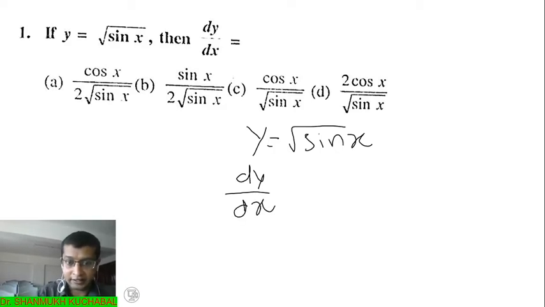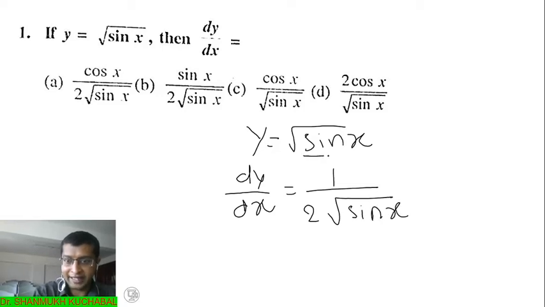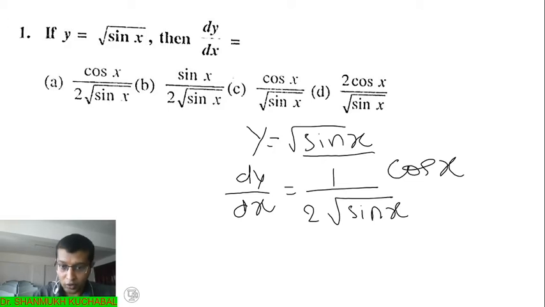Y is called the dependent variable, x is called the independent variable. The differentiation of root of f of x is 1 upon 2 root of f of x, so 1 upon 2 root sin x. Sin x is the inner function, its differentiation is cos x. So we get the solution as cos x divided by 2 root sin x. Therefore option A is the right answer.